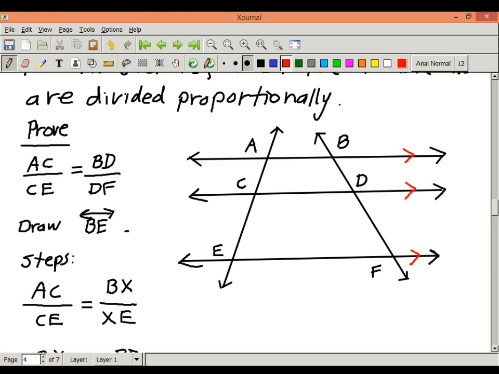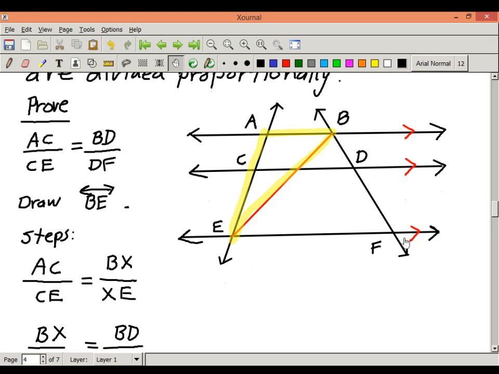Okay, so what I'm going to do to prove that is draw a line here through E and B. Like that. Okay, now, if you look at this one triangle here that we made, and then we're going to focus on a different one, but just looking at that one right now, we have the triangle proportionality theorem here.